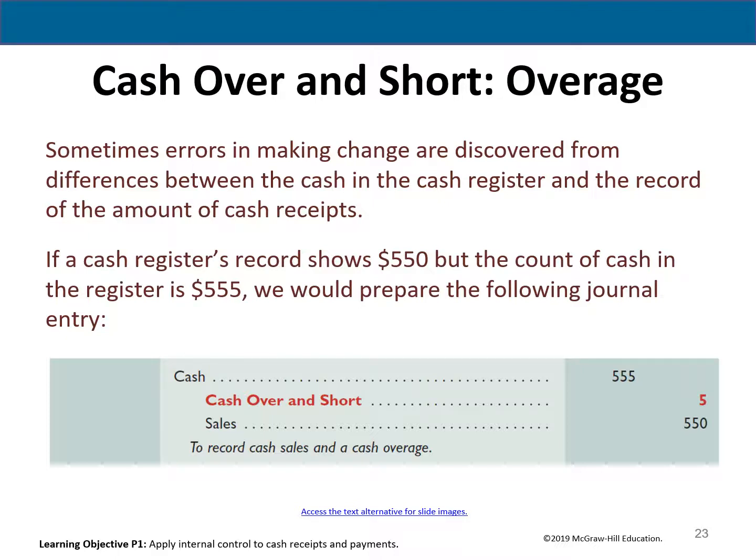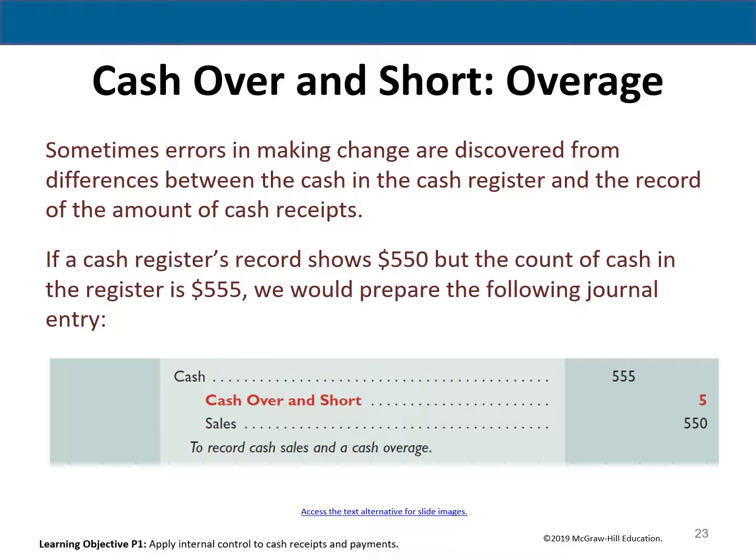Sometimes errors in making change are discovered from differences between the cash in the cash register and the record of the amounts of cash receipts from the sales receipts in the cash register. If a cash register's record shows $550 as the sales, but the cash in the cash register is $555, whoops, somebody didn't get $5 change.